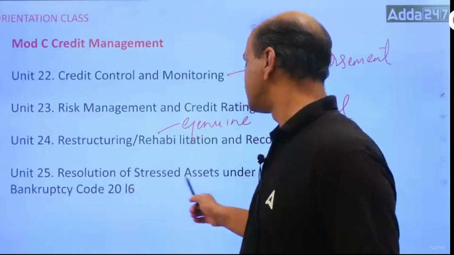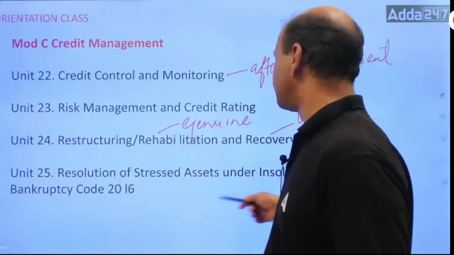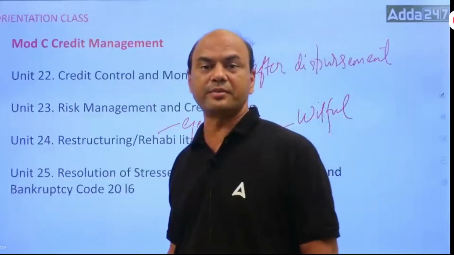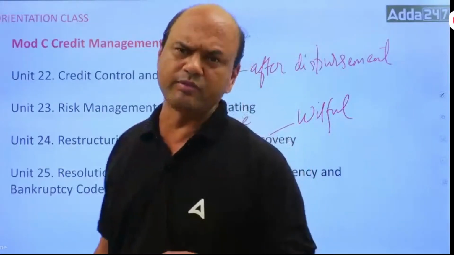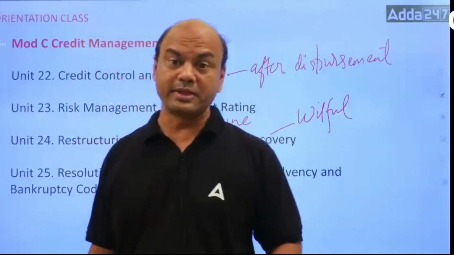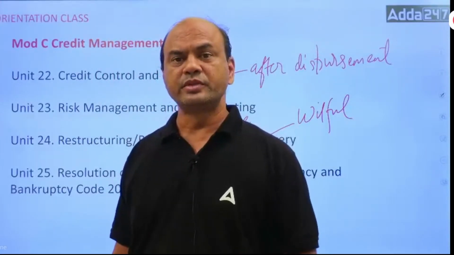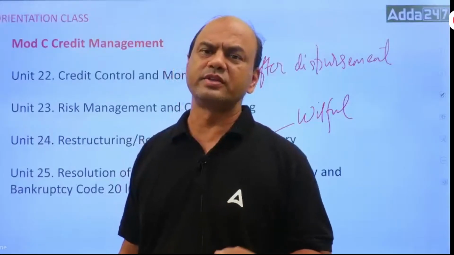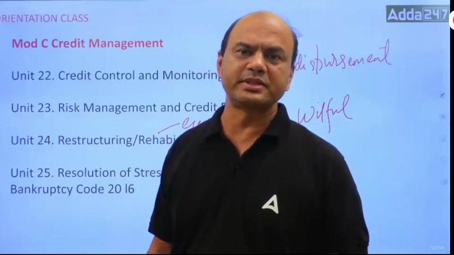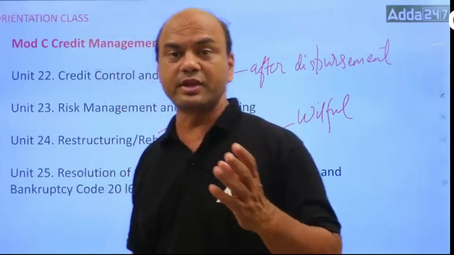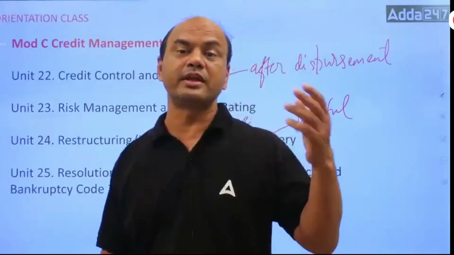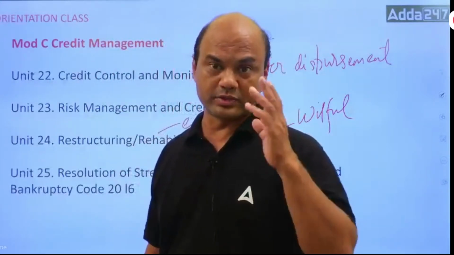Then you have resolution of stressed assets under the IBC, the Insolvency and Bankruptcy Code. This is the new act which has come in. Very, very good, the best act. Corporate insolvency is solved in like 6 months. Earlier it used to take years and years, tareekh pe tareekh, tareekh pe tareekh.